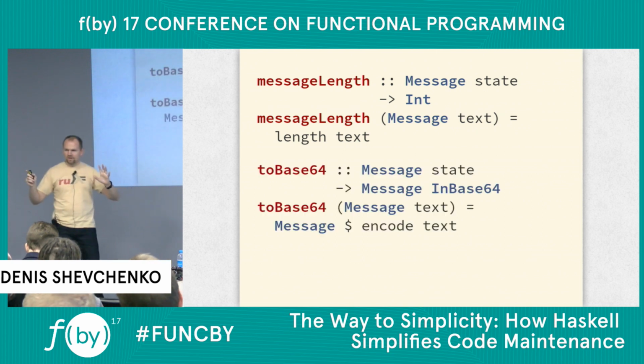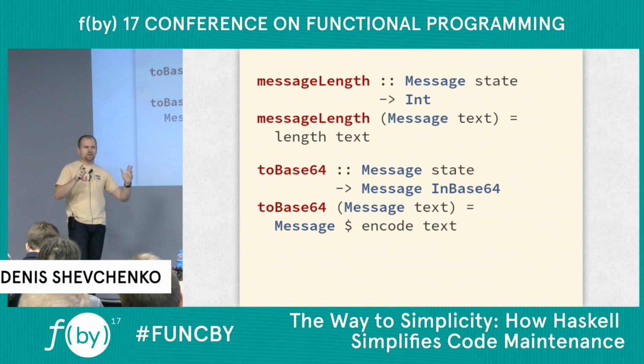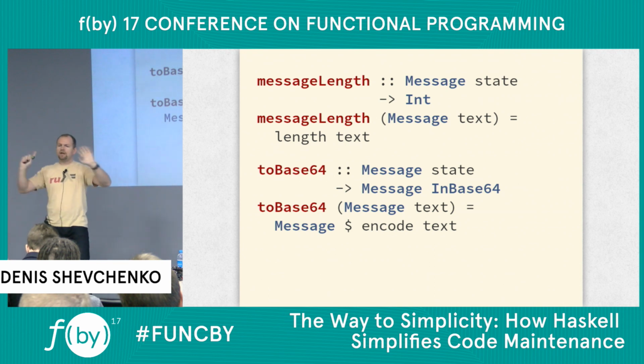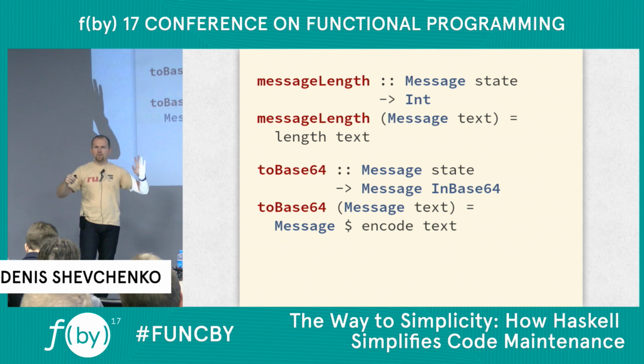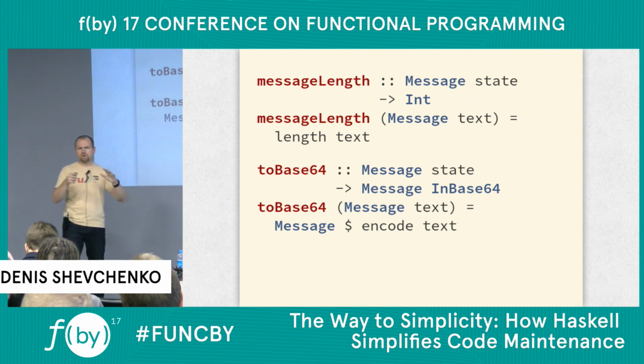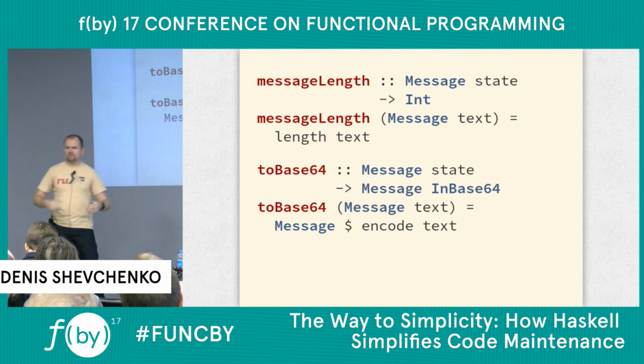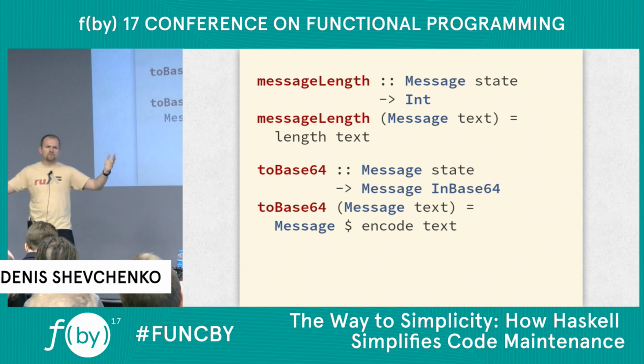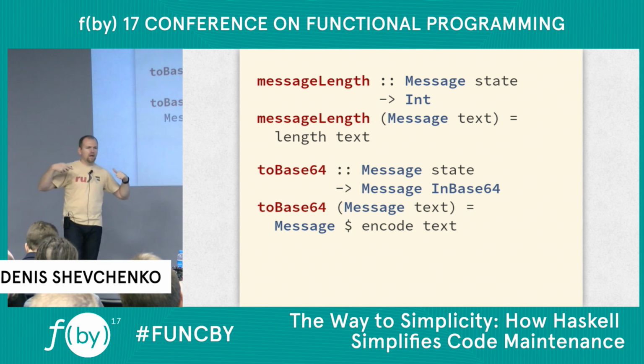In this case, we can look at these two examples. First of all, we can define a function messageLength, and we say that it takes a message with any state, and it will compile, because we probably want to get the length of different messages. Plain message, encrypted message, it's binary, but we can take its length.